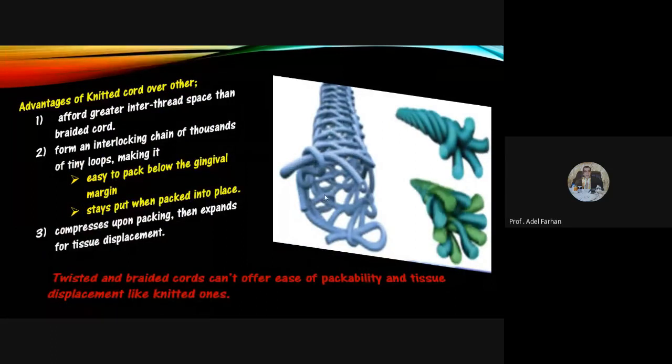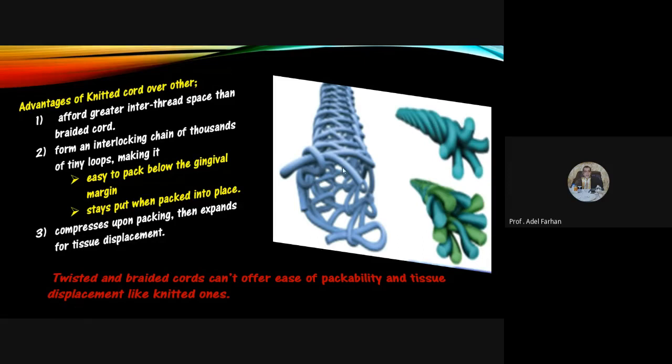طبعا ال knitted cord has an advantage over other types of cord because it offers a greater inter-thread space than the braided, اوكي. والشيء الثاني, it forms an interlocking chain of thousands of tiny loops, making it easy to pack and stay put when packed into place. بمعنى انه الباكينج مالته سهل لانه اكو سبيس، وايضا ما يصير بي displacement during packing.